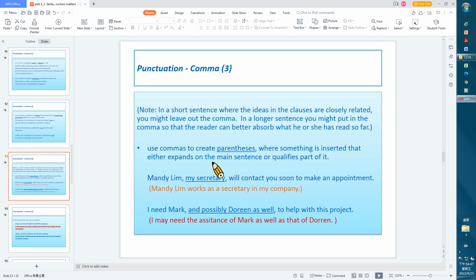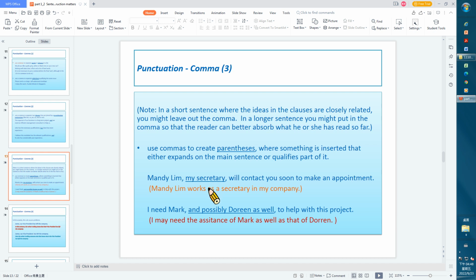Use commas to create parentheses where something is inserted that either expands on the main sentence or qualifies part of it. For example, Mandy Lane, my secretary, will contact you soon to make an appointment.